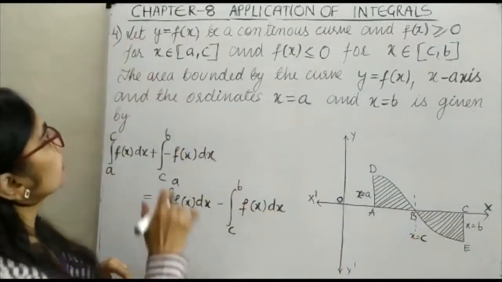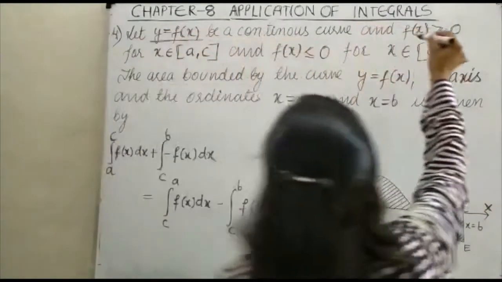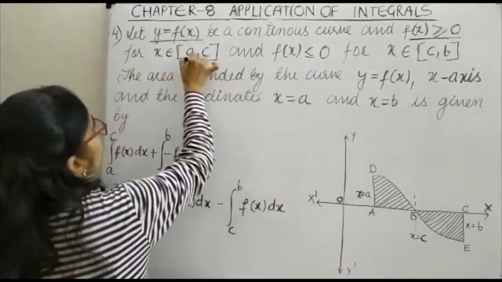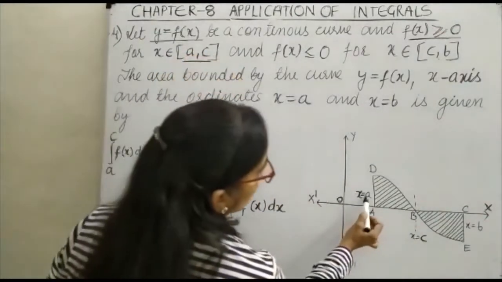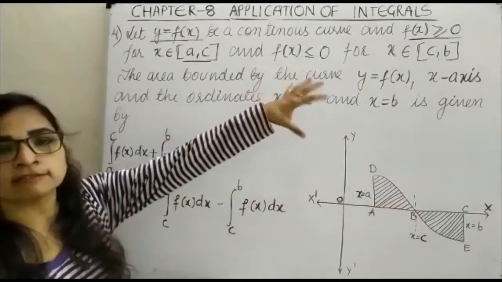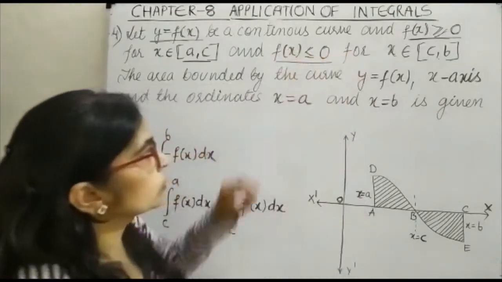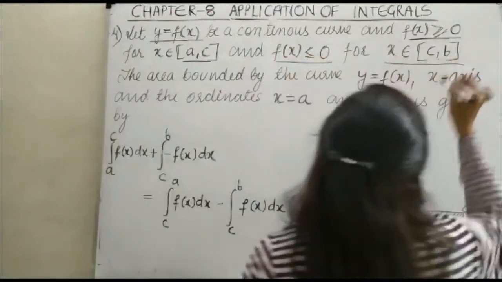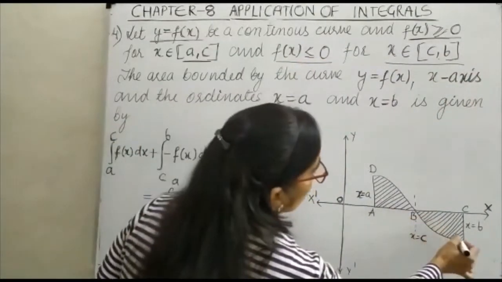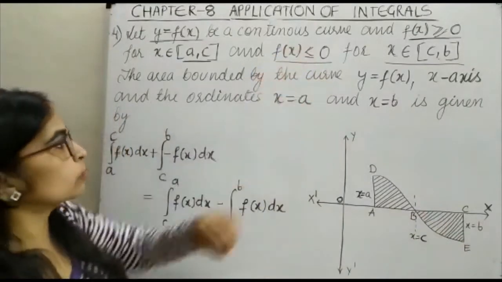So the given condition is, let y equals f(x) be a continuous curve and f(x) is greater than or equal to 0 for x belonging to the closed interval [a, c]. You can see that for a to c this curve is above the x-axis and that is why it is greater than or equal to 0, and f(x) is less than or equal to 0 for x belonging to the closed interval [c, b]. This is c and this condition ends at b because it is below the x-axis, so the condition of f(x) is less than or equal to 0.